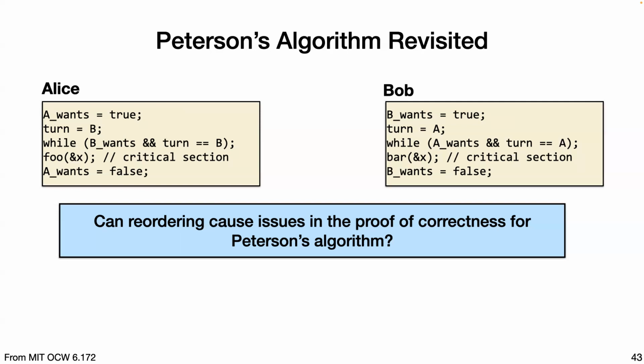And then the next instruction is the load. However, it cannot be reordered with turn is A because that is a store into the same location. So that's kind of synchronized. I see.